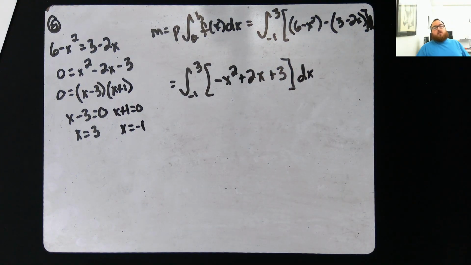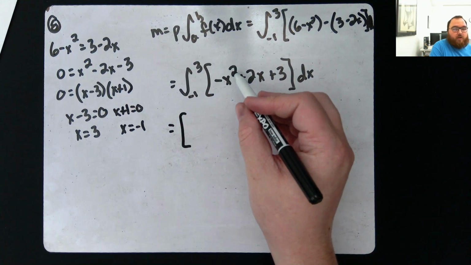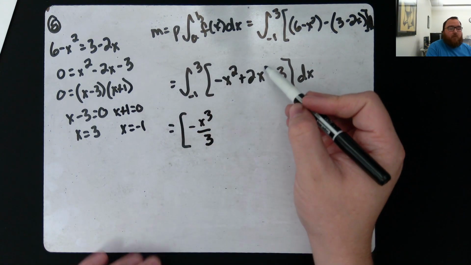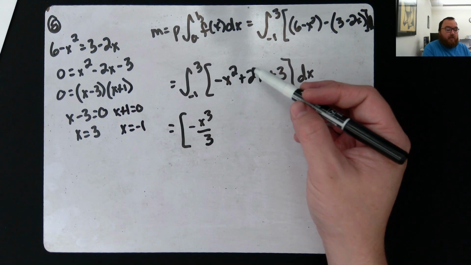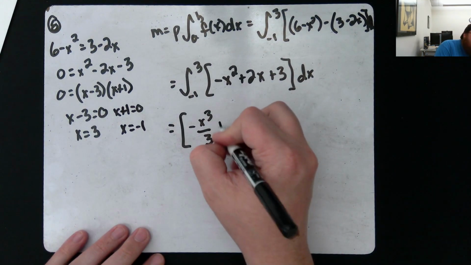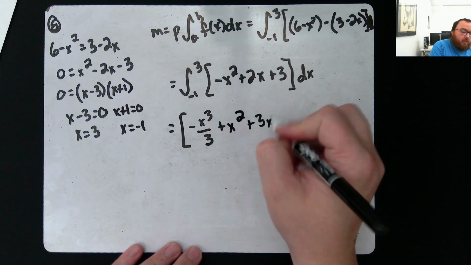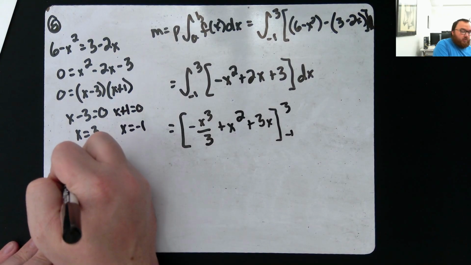Take the antiderivative of that. Add 1 would give me a 3, so negative x cubed over 3. Add 1 would make it a 2. Divided by 2 would cancel out with this 2. So x squared. And then that would just give me 3x. Look at my top bound first.